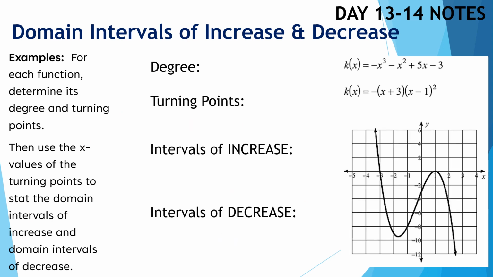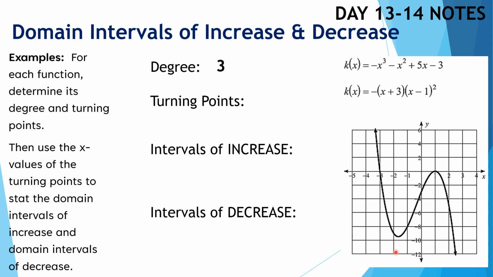All right, example 2, k of x equals negative x cubed minus x squared plus 5x minus 3. It does have a degree of 3 from that highest exponent. Again, we see in factored form that we have an x-intercept at negative 3 and an x-intercept at x equaling 1 that does have that bounce. That's an even degree for that one. So in this case, we have two turning points.